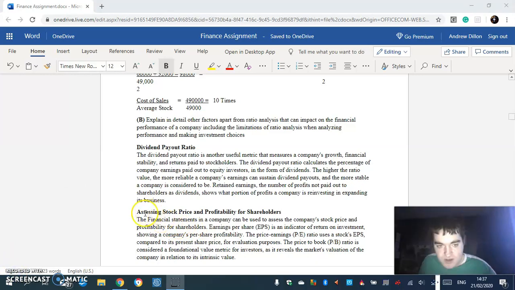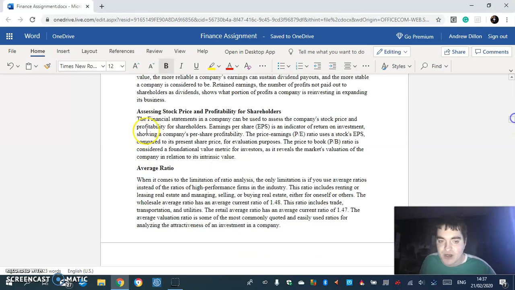Now I'm going to the assessing stock price ability for shareholders. The financial statements of a company can be used to assess the company's stock price and profitability for shareholders. The earnings per share, which stands for EPS, is an indicator of return on investment, showing a company's per share profitability.